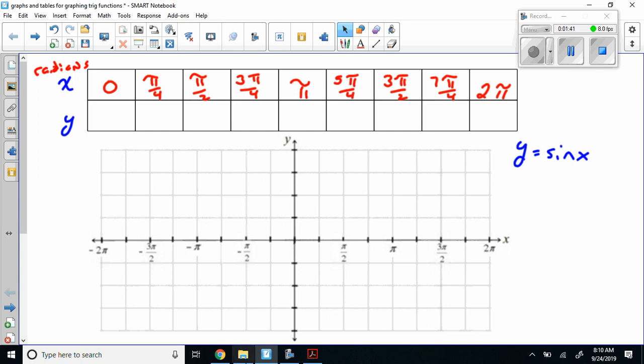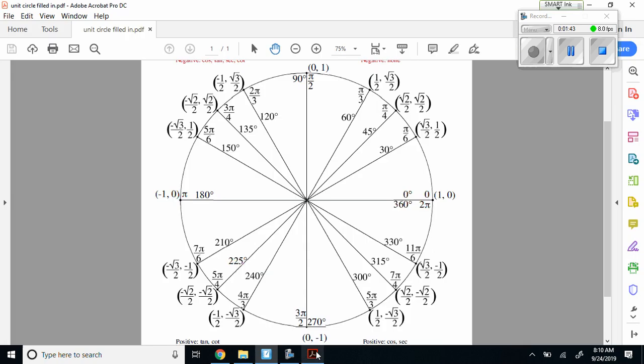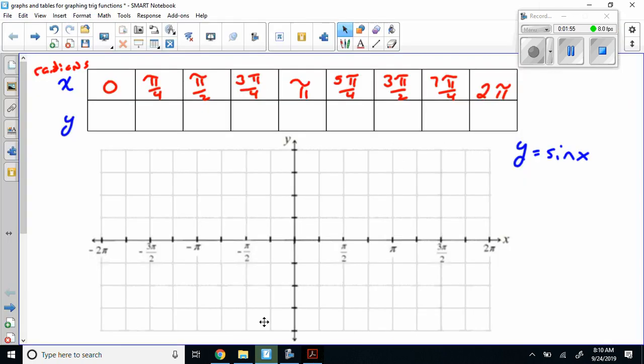Everything comes from the unit circle, right? Okay. So I needed you to fill in this based off of that. Right? Okay, so what's the first thing?